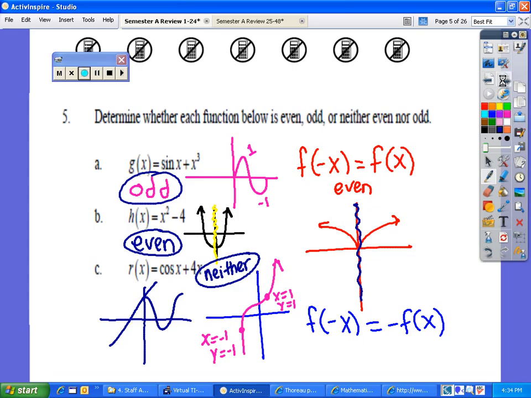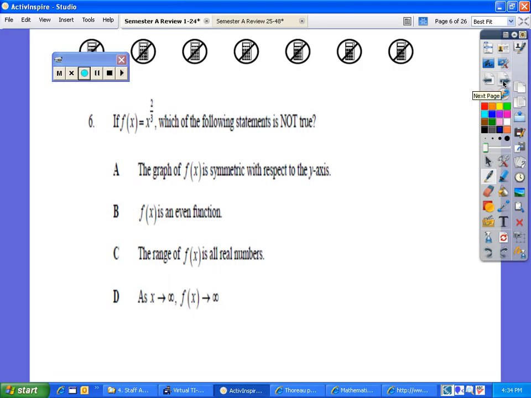All right, number 6. Which of the following statements is not true for x to the 2/3 power? With this problem, I actually made my own graph because I needed to see what the graph looked like so that I can see whether it was symmetric to the y-axis or symmetric to the origin or neither.